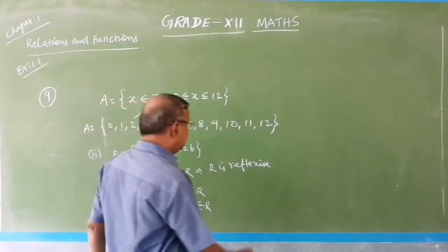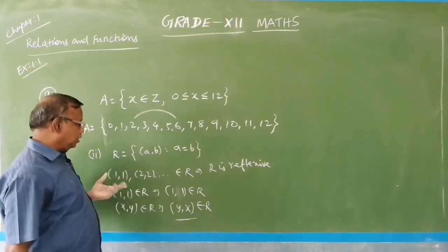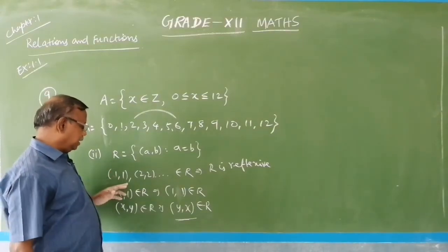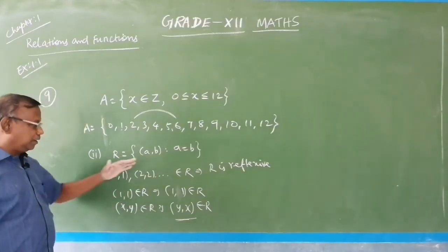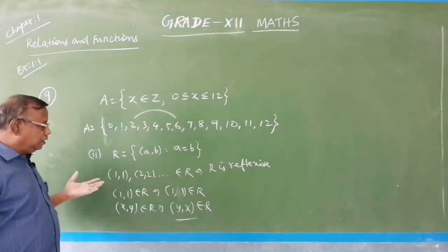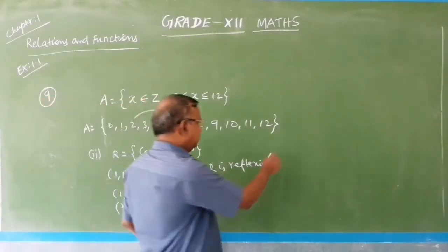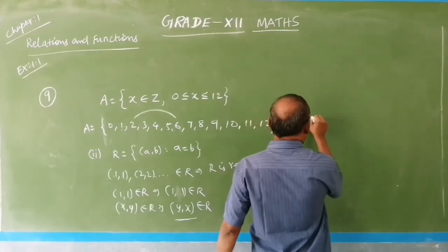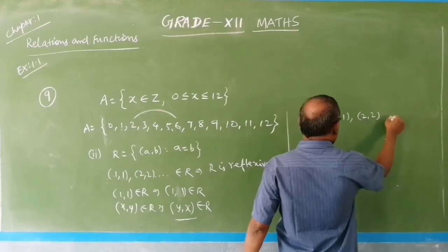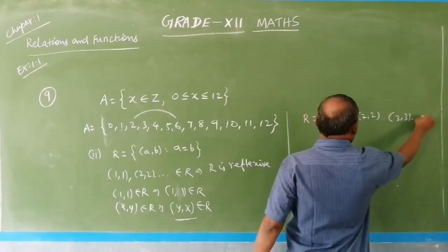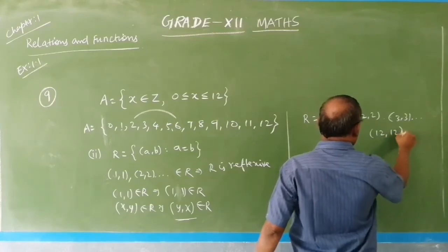And transitive also, because 1 comma 1 is present, and 1 comma 2 is not an element of R. So we need not look for 1 comma any other element, since R is given by 1 comma 1, 2 comma 2, 3 comma 3, etc., up to 12 comma 12.